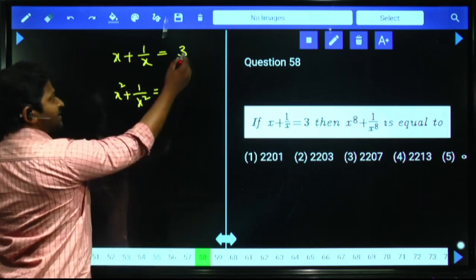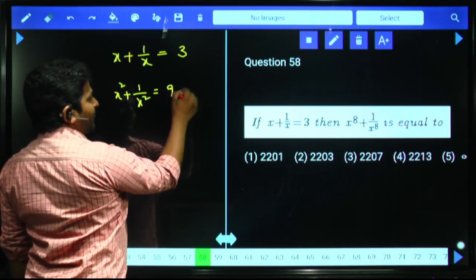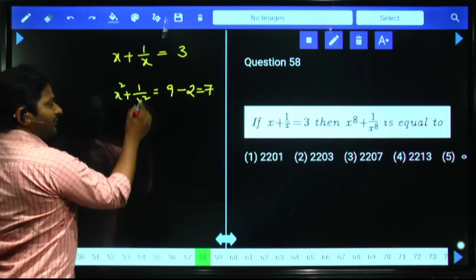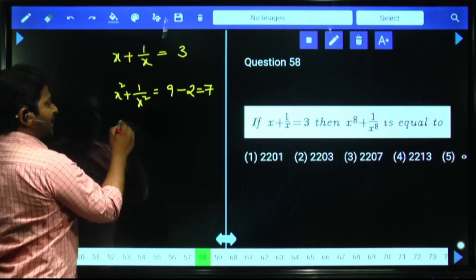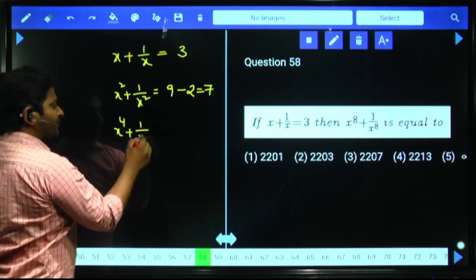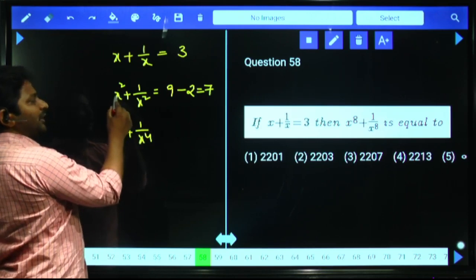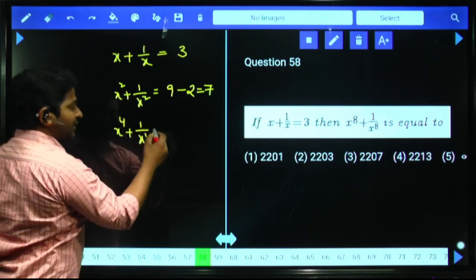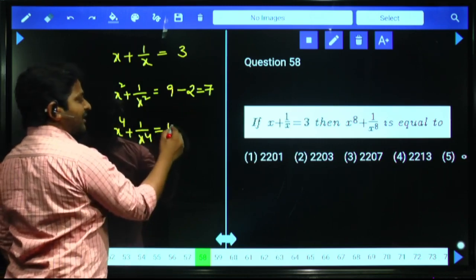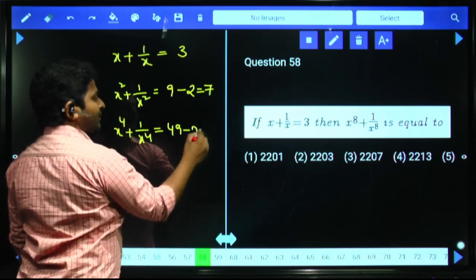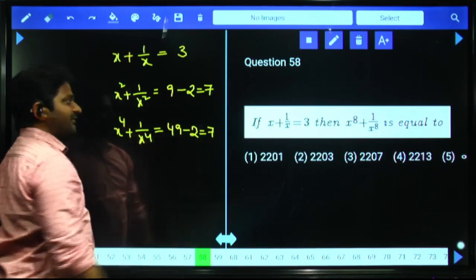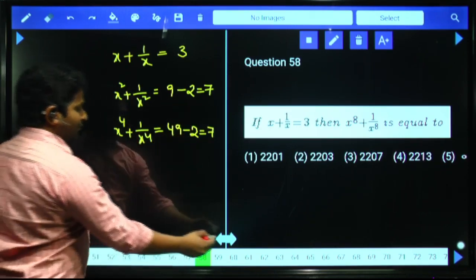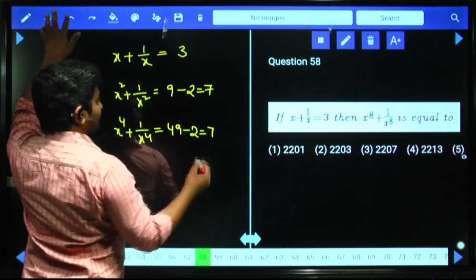So that value is 3 square minus 2, which is equal to 7. Now, when you take the square of this number, you'll get x power 4 plus 1 by x power 4 plus 2 into x square plus 1 by x square. That plus 2 goes to the other side. That becomes 7 square, 49 minus 2, which is equal to 47.